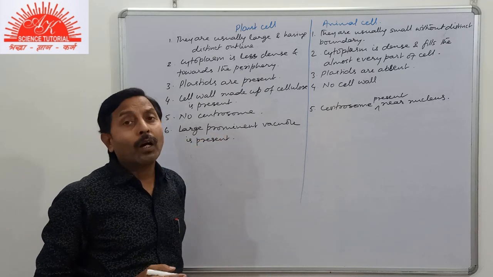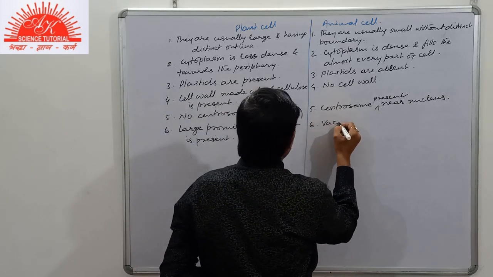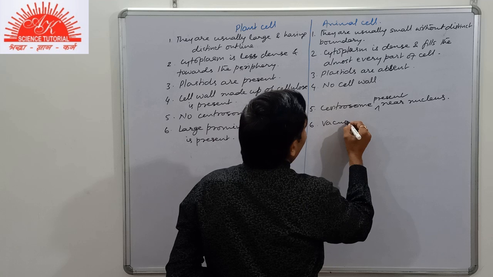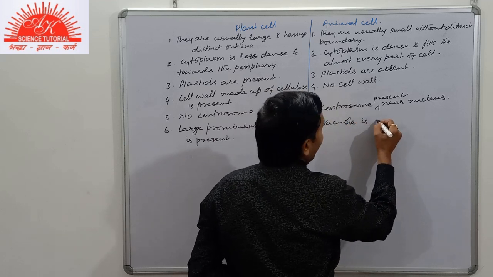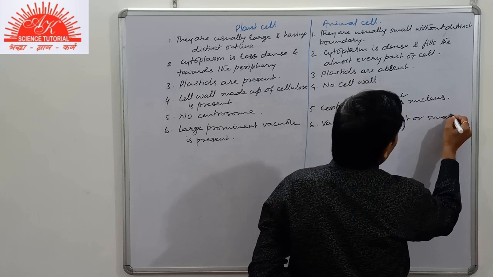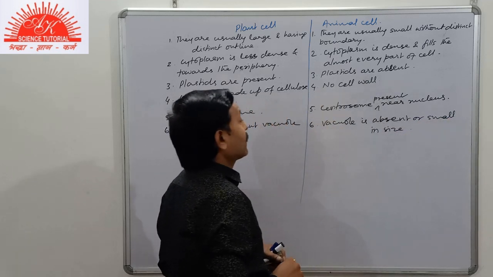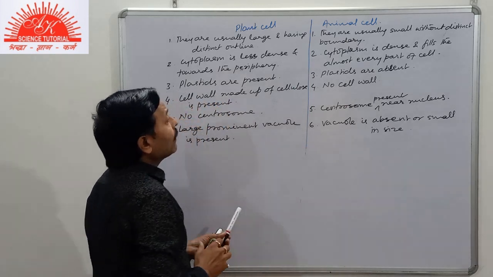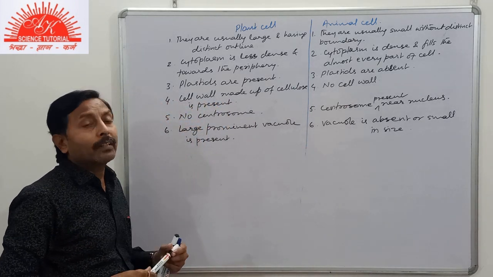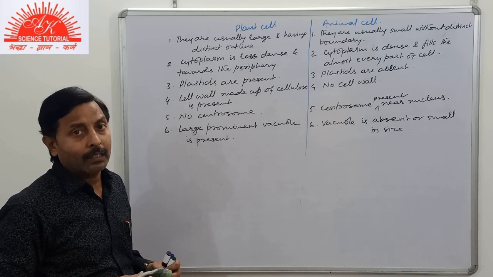That may be one or more vacuoles, but here in animal cell vacuole is absent or small in size. So these are some of the points that differentiate between plant cell and animal cell.